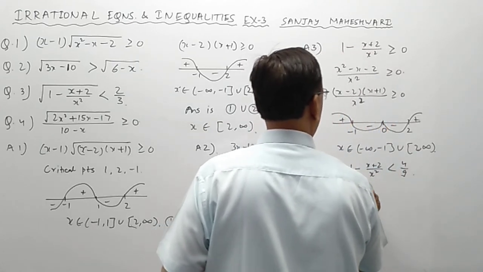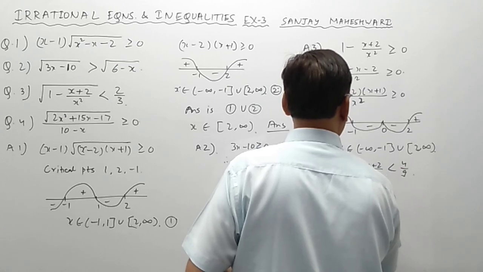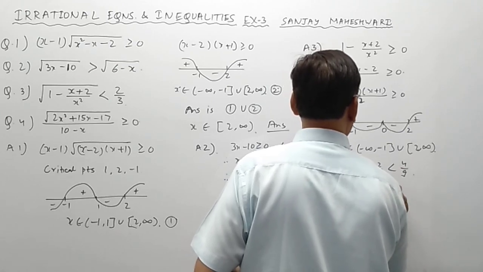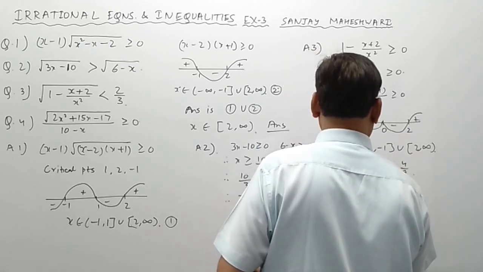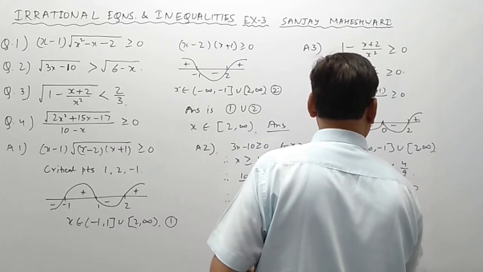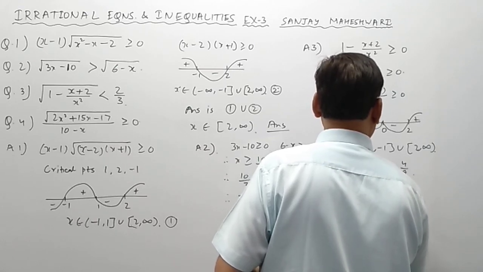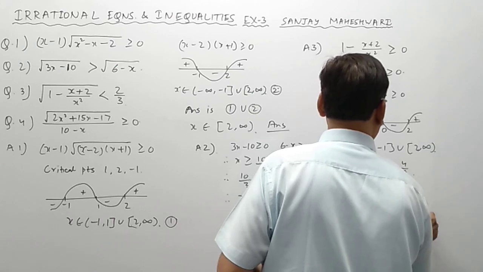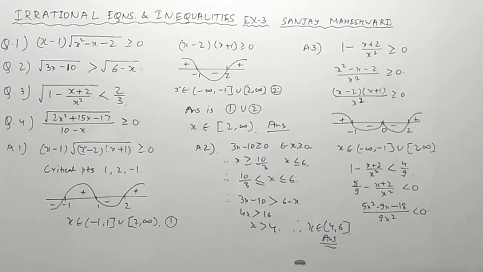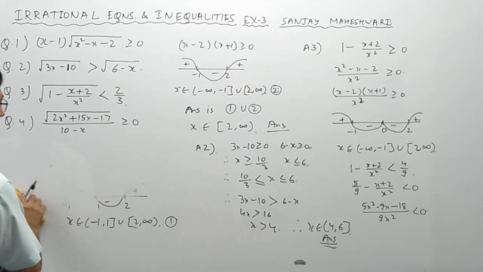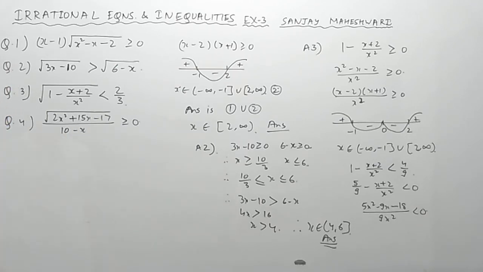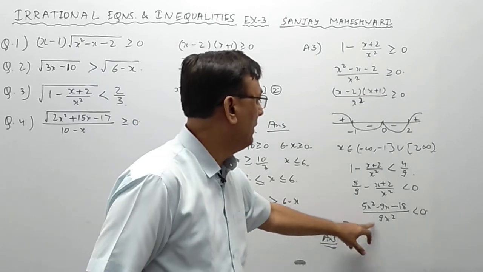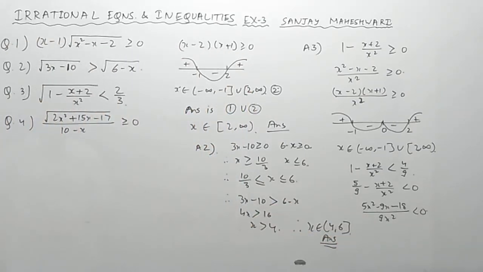Now we will take it here. 5 by 9 minus x plus 2 by x square less than 0. Therefore, (5x square minus 9x minus 18) divided by 9x square less than 0. Nine can be removed, there is no problem, since it is a positive quantity, and let us see whether this can be factorized or not.